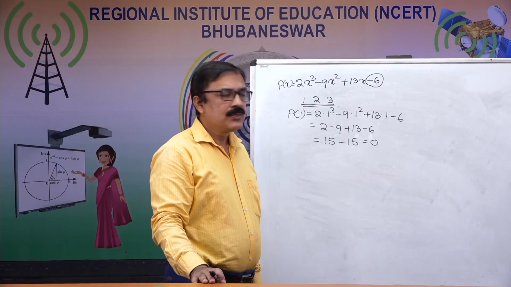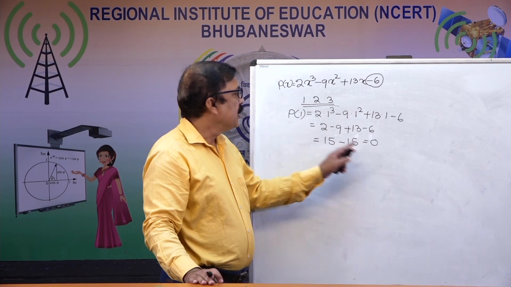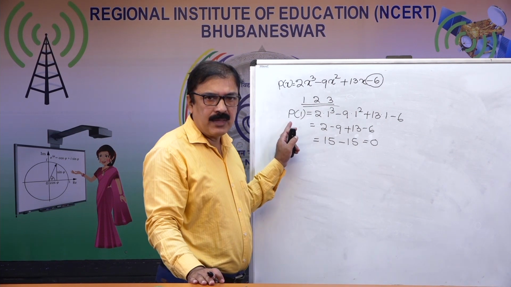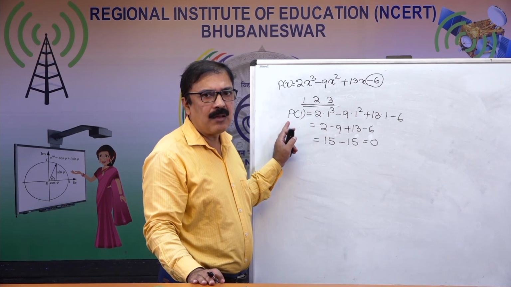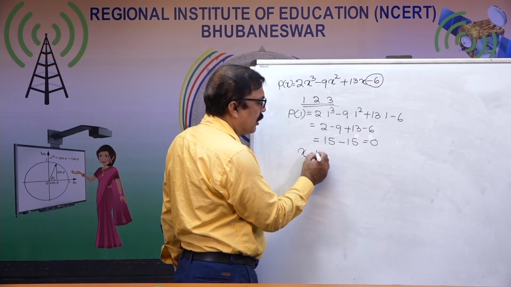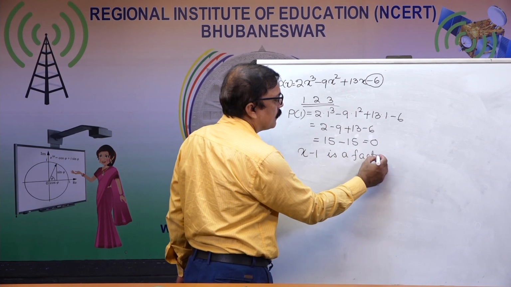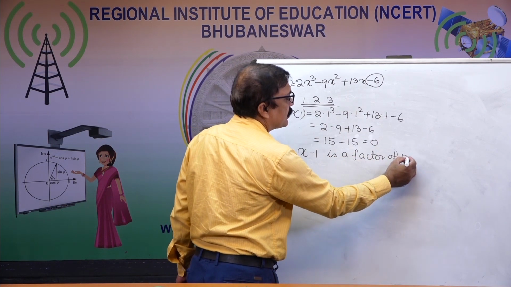Now once we get P(1) equal to 0, it is clear from our factor theorem that x minus 1 is a factor of P(x).